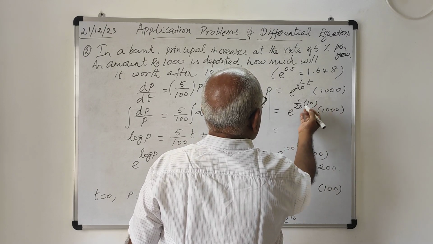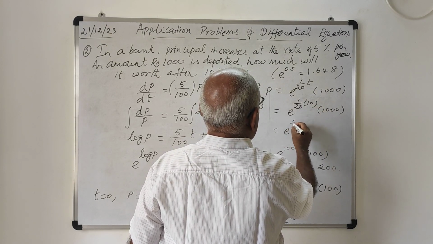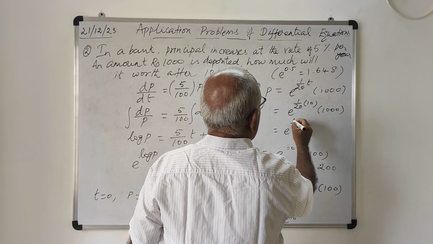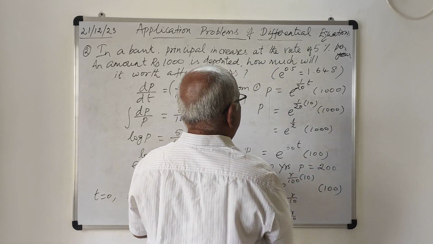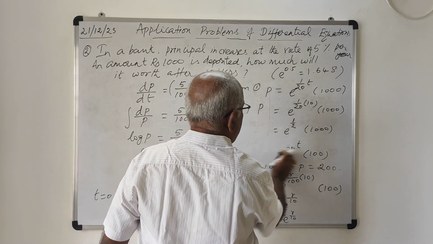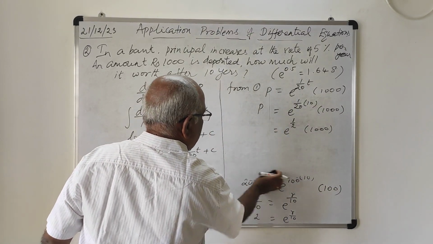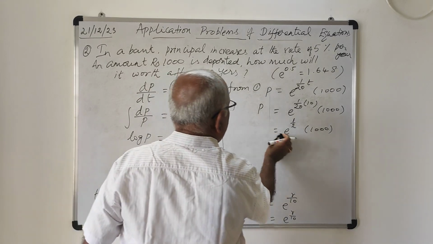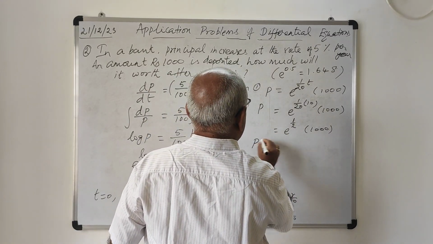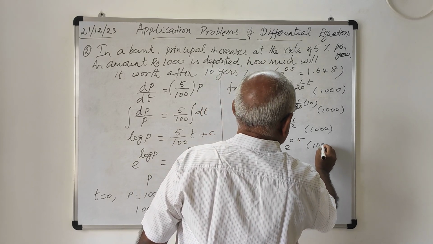That is equal to e power 10 by 20, e power 1 by 2, into 1000. E power 1 by 2 is e power 0.5.